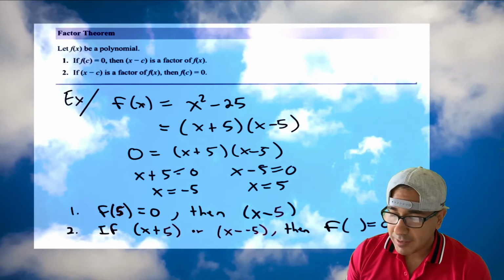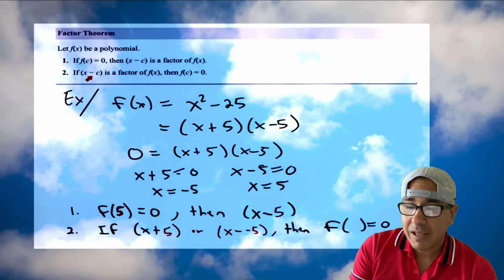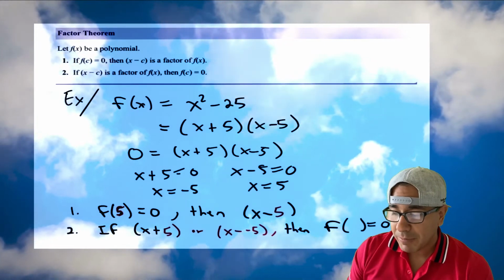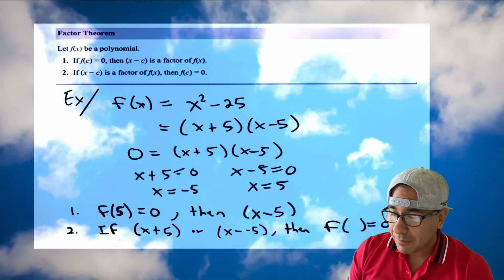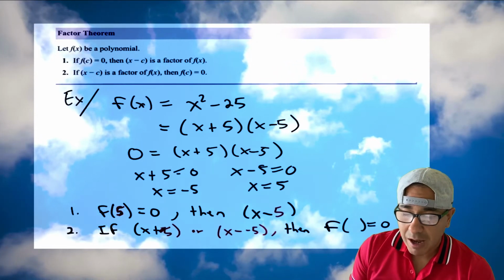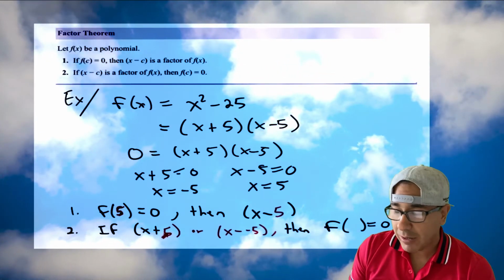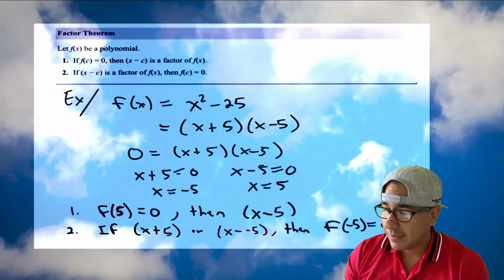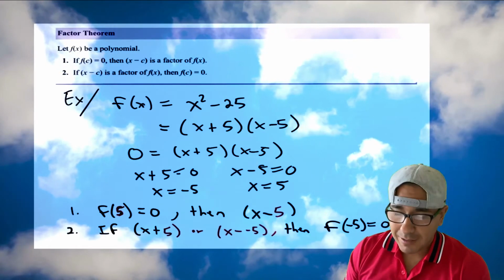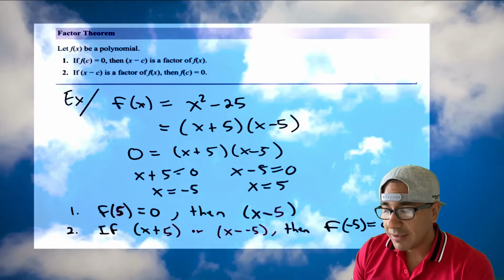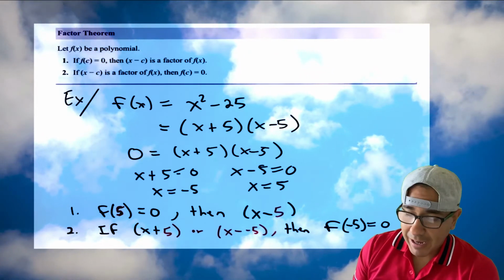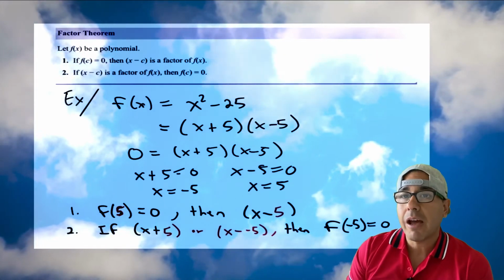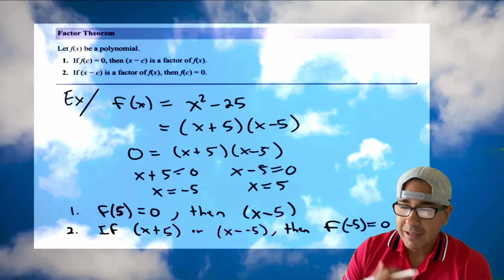The reason I wrote it in this form is because the theorem gives us x minus c. So I wanted to write it as x minus some number, because that number is what goes inside f, since we're always taking the opposite of whatever's there. So f of negative 5 is 0 by this theorem. Again, all it's saying is you give me a factor and I'll tell you what the zero is, or you give me the zero and I'll tell you one of the factors of f of x. This is going to be very helpful as we move forward. All right, let's dive into some examples here.